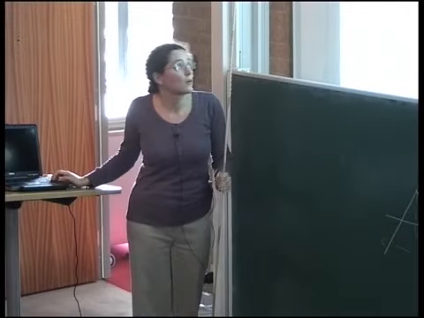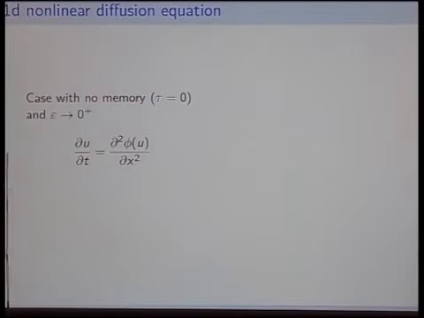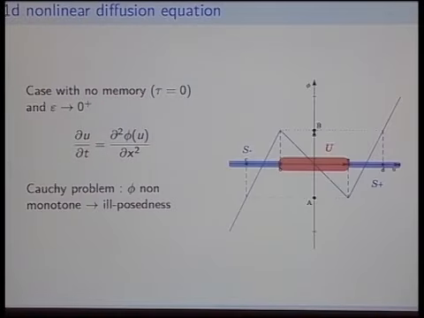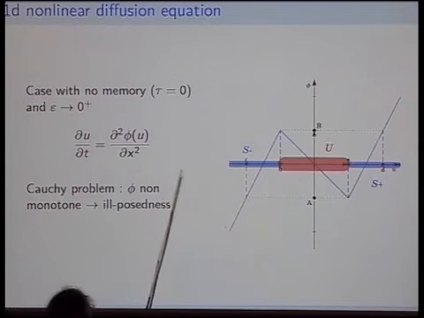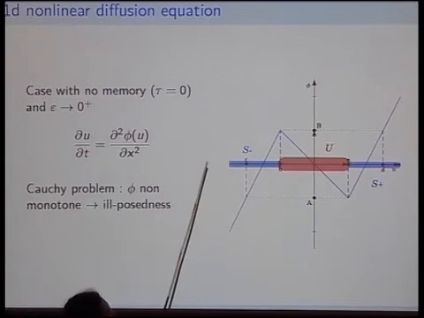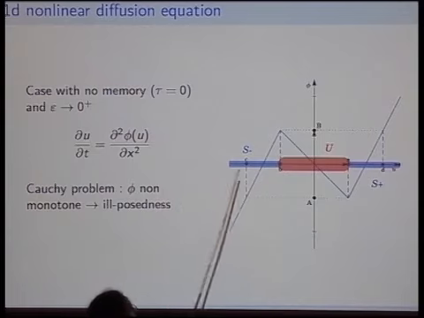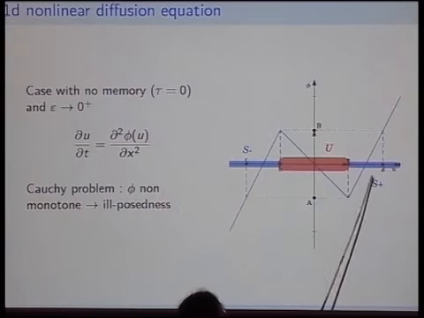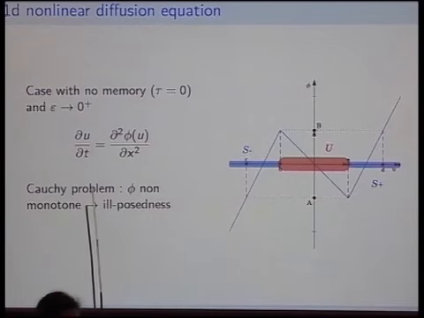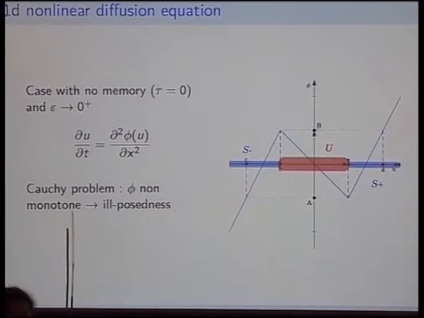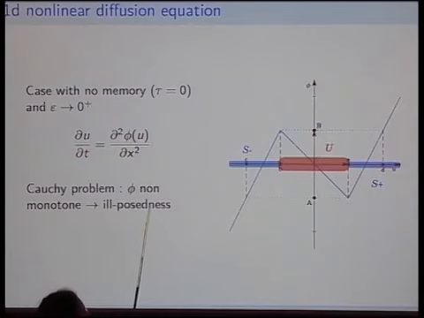Okay, so the case with no memory is really the one we're interested in. With the ill-posedness, it means that we will divide the U space into 3 phases. S minus and S plus are really stable phases, since the diffusion is well defined and positive in these phases.